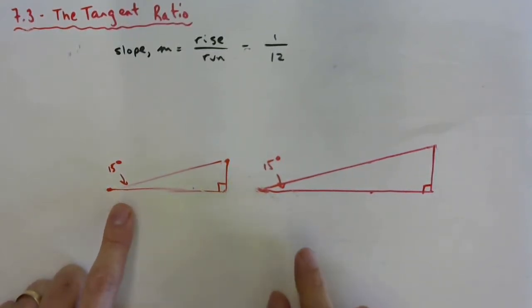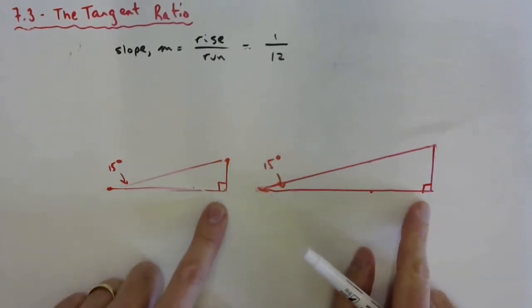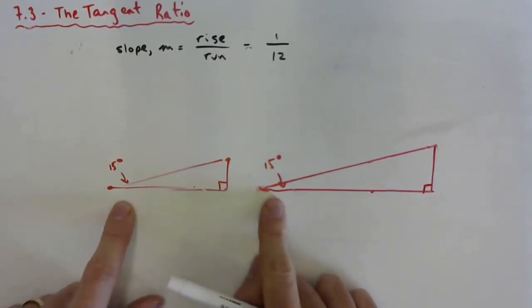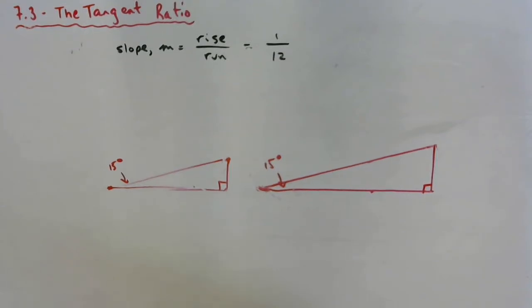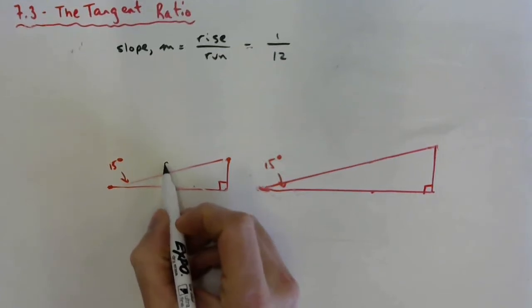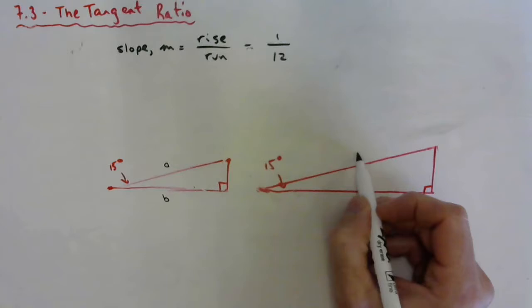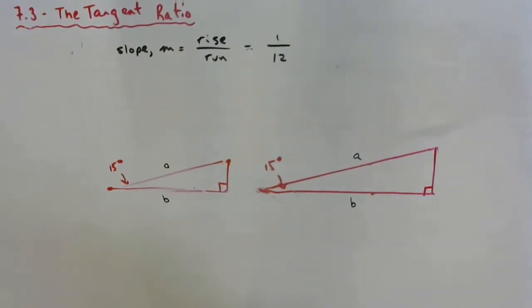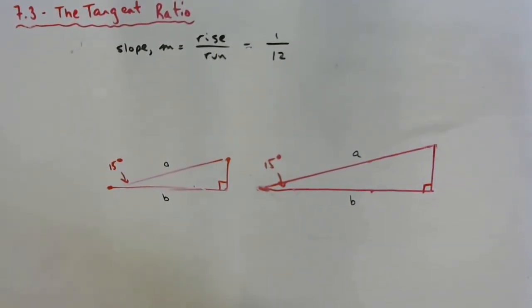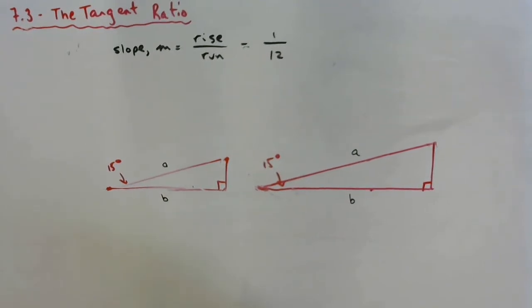So every single right angle triangle with an angle of 15 degrees is a similar triangle. So what do we know about the ratios of sides within those triangles? They're going to be equal. Okay, that's what we learned about in similar triangles, that if I take side A over side B here and calculate the ratio, and I take side A and side B here and calculate the ratio, then I'm going to get the same ratio. I'm going to get the same number.